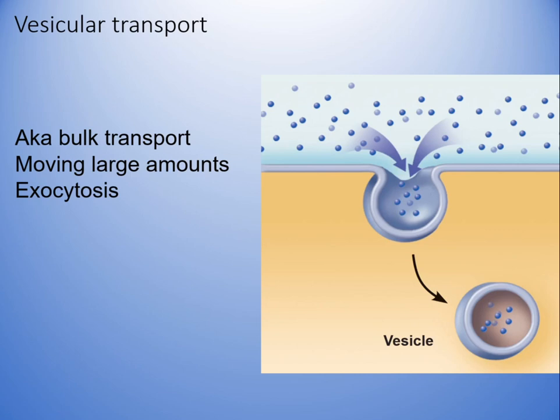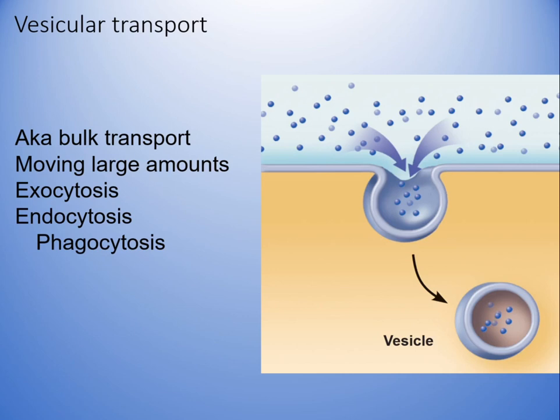If you are moving solutes out of the cell, which is the opposite of this picture here, that's called exocytosis. That's cell puking, right? Exocytosis, cell puking. If the cell is taking in solutes, that's called endocytosis, or even phagocytosis.